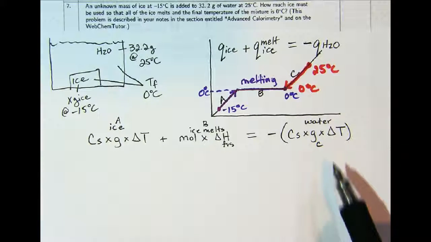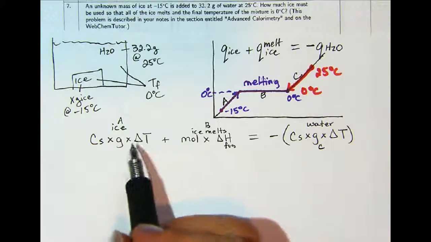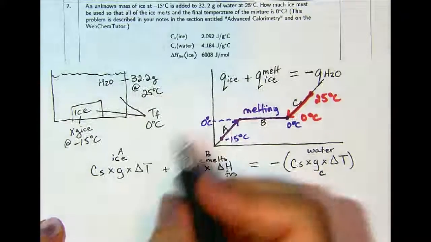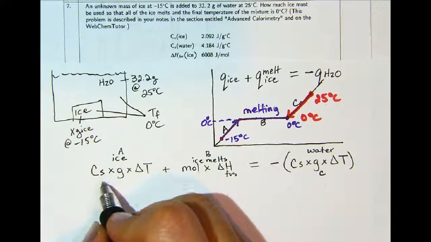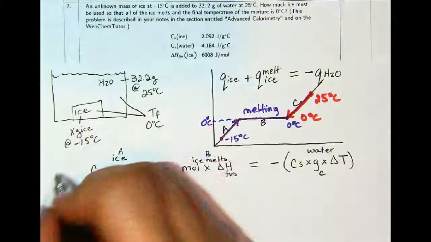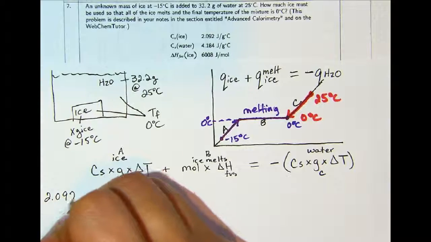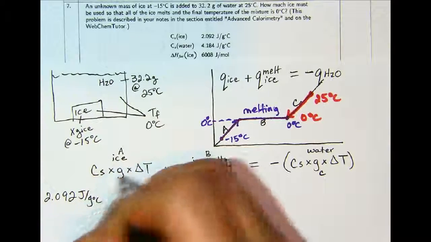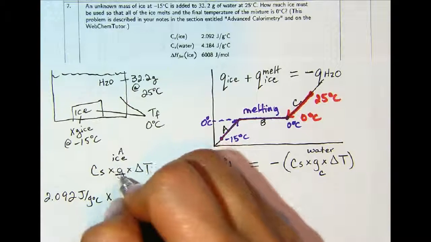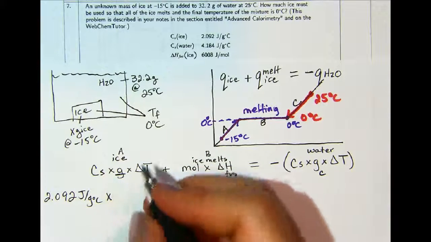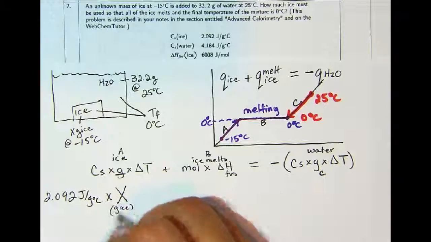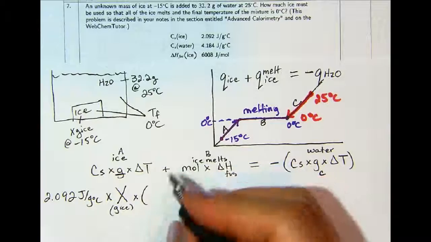Okay, so now that we have our equation figured out, we can plug in our values, and here we're given that the specific heat for ice is 2.092 joules per gram degree Celsius, times, I don't know the mass of the ice, so I'll call that X, that's grams of ice, times the change in temperature.